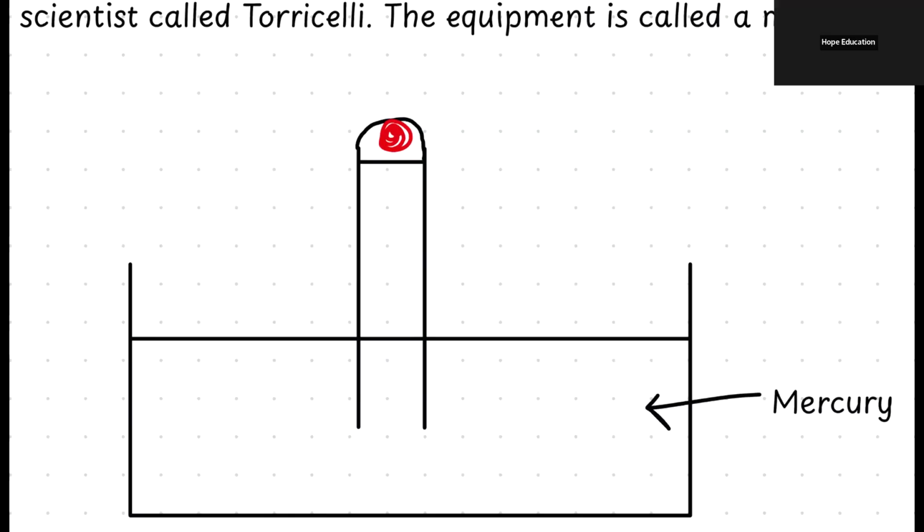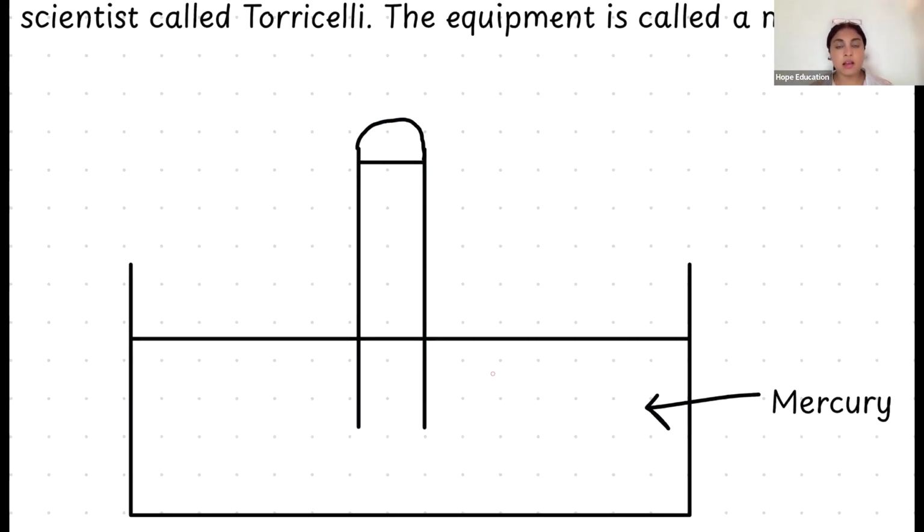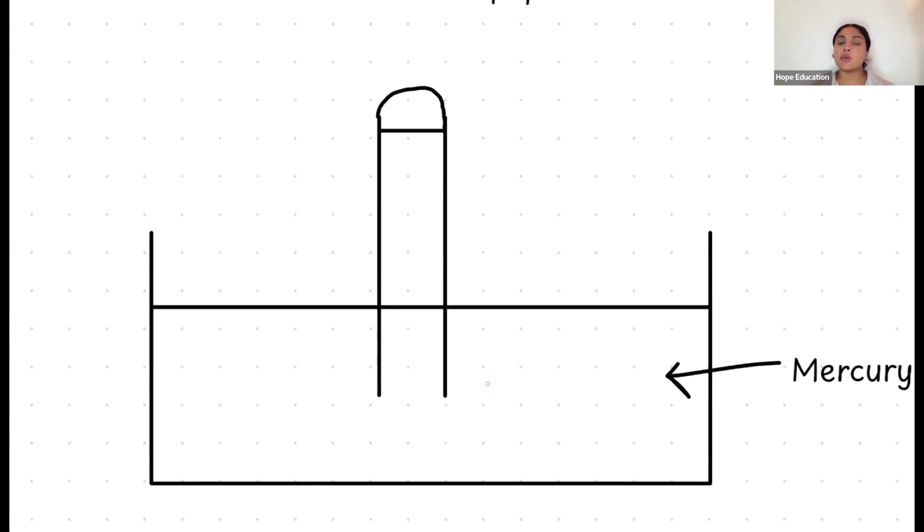I got another answer as air. For those who said air and those who think it's air, how did air enter this space?